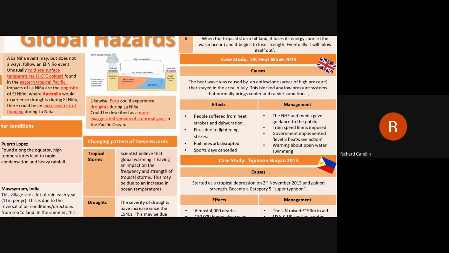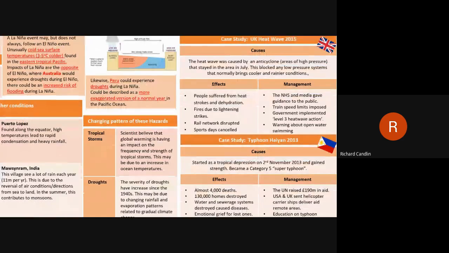Right, let's look at these areas. I'm not going to go too far into this now, but we can remember that this was a super typhoon. I get confused sometimes between what's a typhoon, what's a hurricane, what's a tornado. But I always say, if you don't know what it's called, call it a tropical storm. Would you? Yeah, they do have specific names.